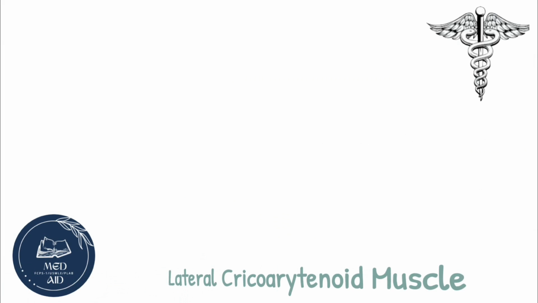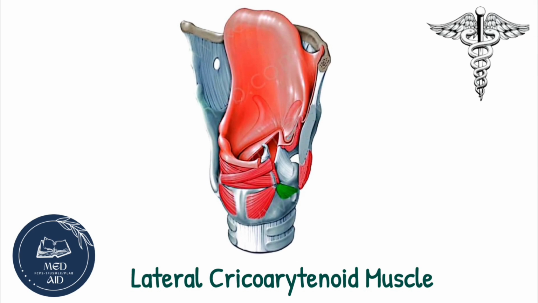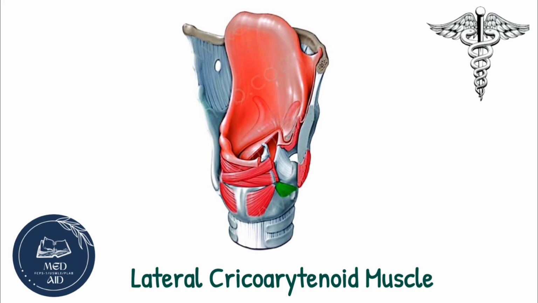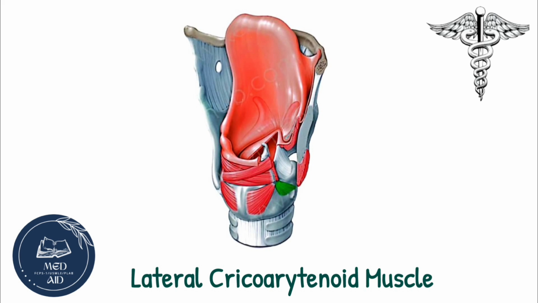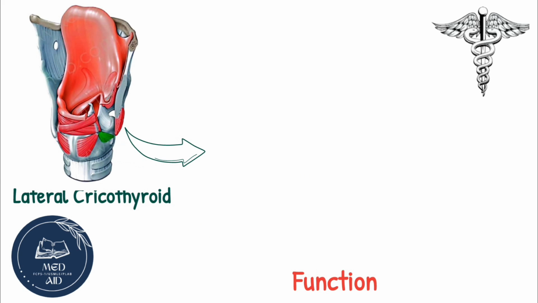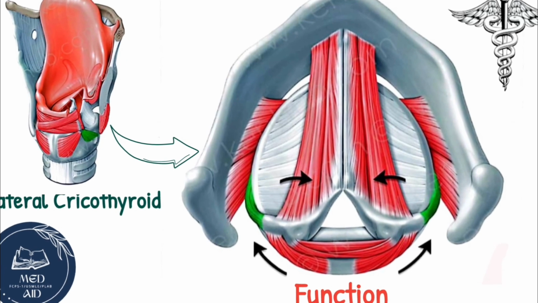The lateral cricoarytenoid muscle shown in green color in this picture is a small, paired muscle located in the larynx that adducts, that is closes, the vocal folds, enabling phonation and playing a key role in voice production. When the lateral cricoarytenoid muscle contracts, it adducts the vocal folds, allowing phonation by creating resistance to airflow.